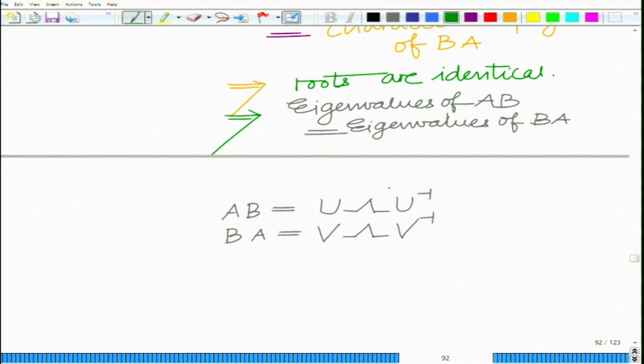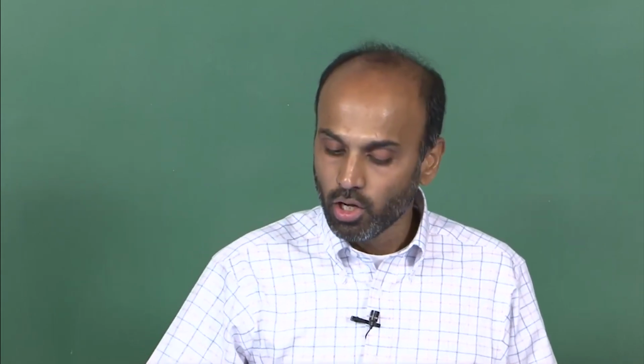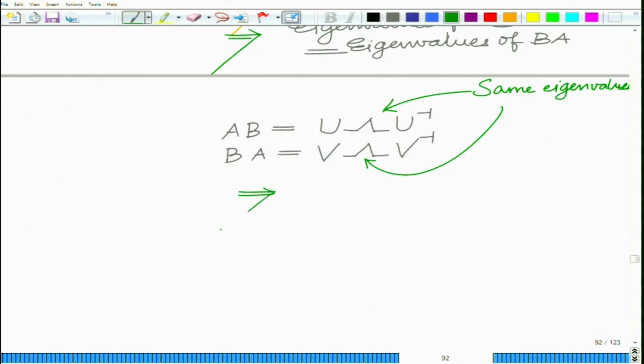So, the diagonal matrix of eigenvalues will be the same for both AB and BA in their eigenvalue decomposition. Okay. So, now this implies that BA equals V lambda V inverse.